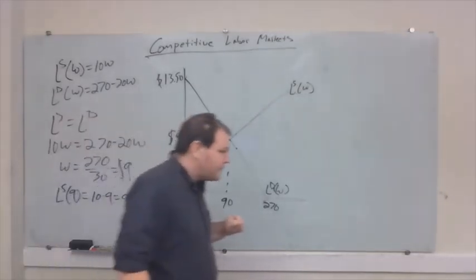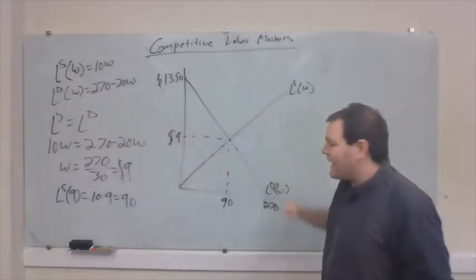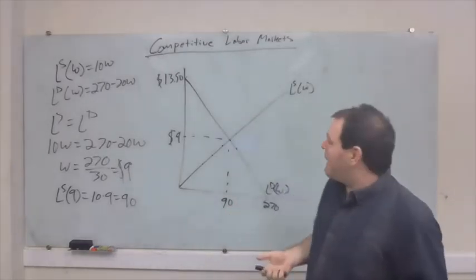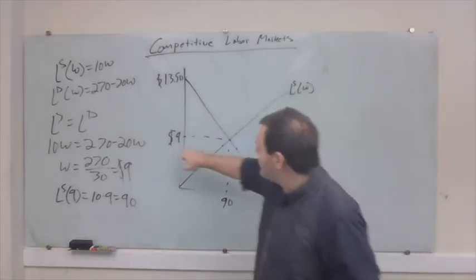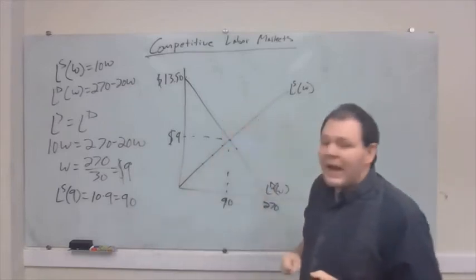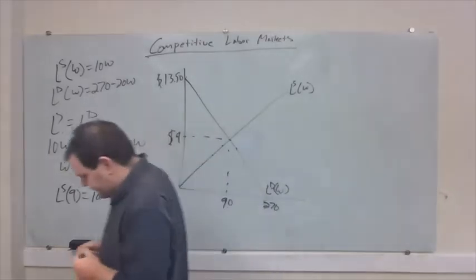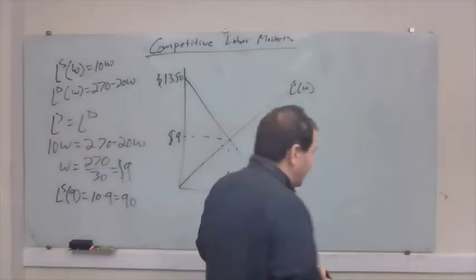However, you might argue that it's kind of a sucky outcome, right? $9 an hour is a really bad wage. So we might want to think about what can we do to increase the earnings of workers in a competitive market equilibrium like this one. So one possibility, what if we subsidized wages?